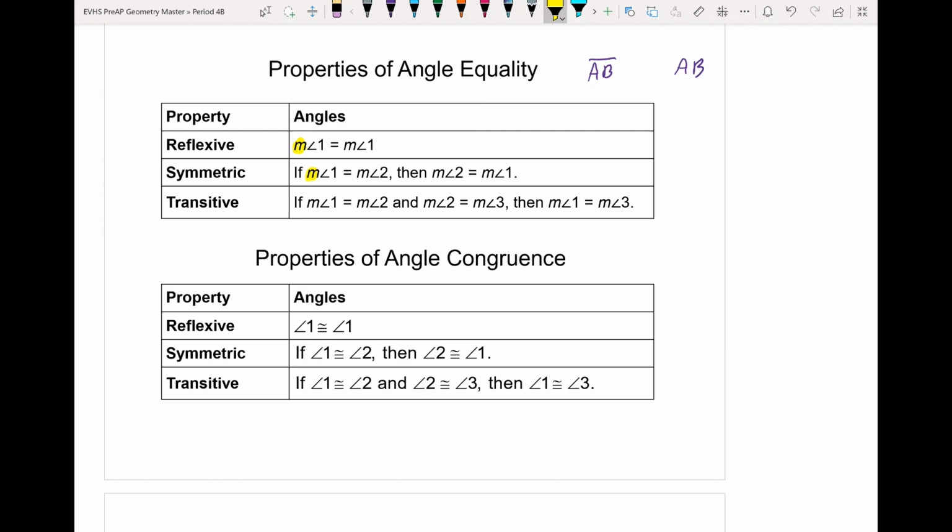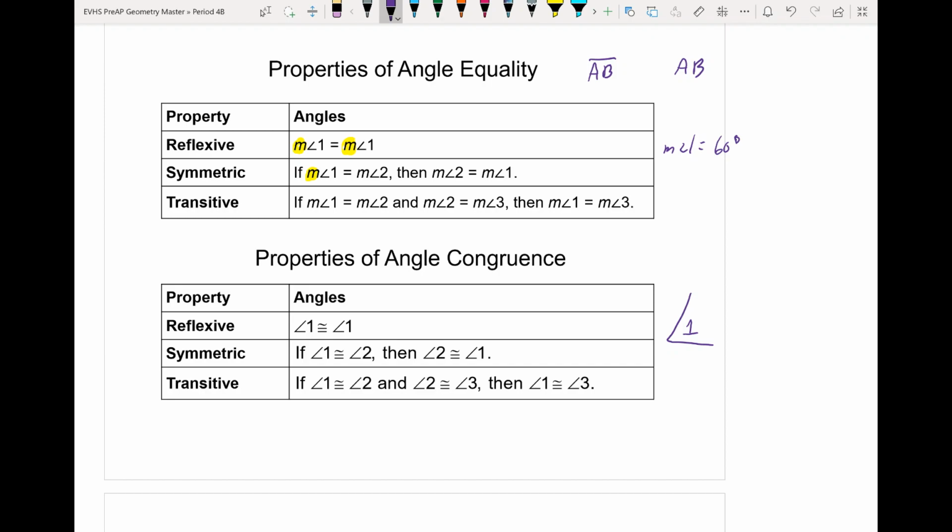Remember, the M stands for measure. So anytime you see that M out in front, you're talking about the measure of the angle. If there is no M in front, you're talking about the angle itself. Whereas angle 1 is literally angle 1, the measure of angle 1 would be something like 60 degrees. So we're going to have to be converting back and forth.